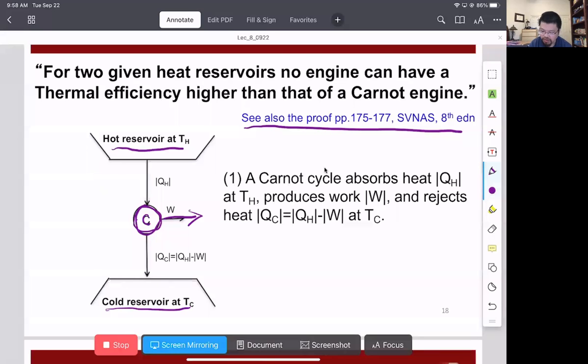The Carnot cycle, as shown on this diagram, will absorb heat QH at this hot temperature and will produce that amount of work. And then it's going to reject that amount of heat at cold temperature. So that is nothing but using Carnot's engine to achieve the purpose of converting heat into work.